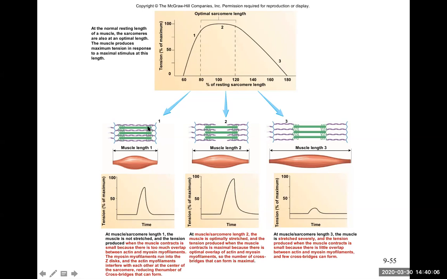And while all the myosins can interact with actin, there's no more room for them to pull. So the contraction is slightly weaker. If you overstretch it, there's lots of room for actin to be pulled, but not enough myosin-actin cross bridging. So the myosin heads can't reach up and pull with the same strength because some of them aren't even making contact right here.